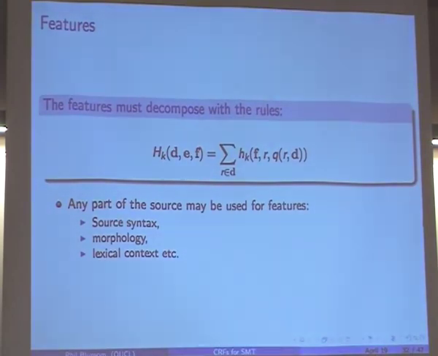And the final complication here is a little function represented as Q. This is a complication that comes about from the language model. So we're also doing this with a language model. For each rule in our derivation, we're going to decorate it with the lexical context that it produces on the target side. If we have a bigram language model, for each constituent we're producing on the target side, that context will be the left word and the right word of that constituent on the target side.